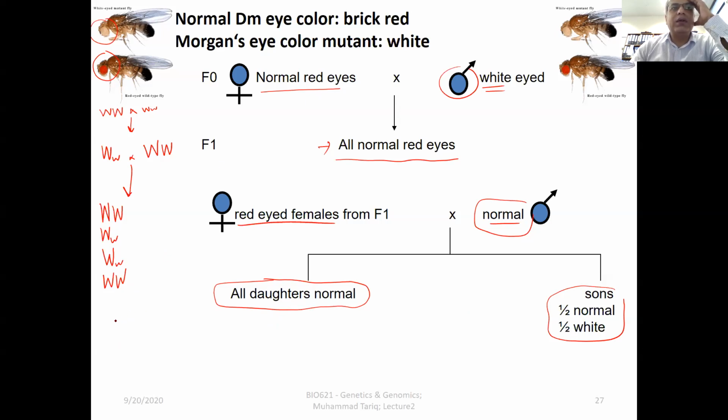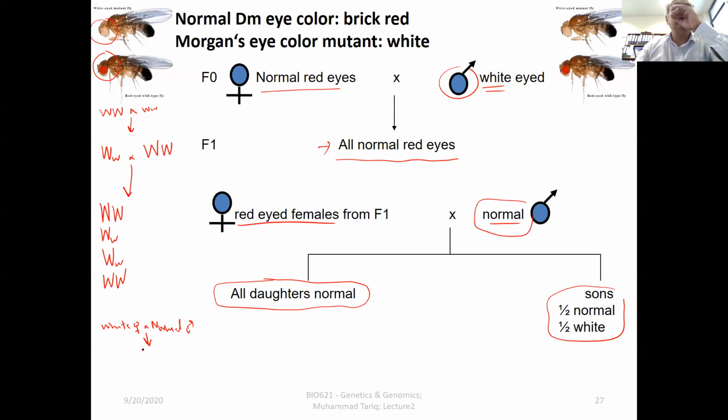What they did, they said, okay, let's change. They took a white female and crossed it with a normal male, which is red.